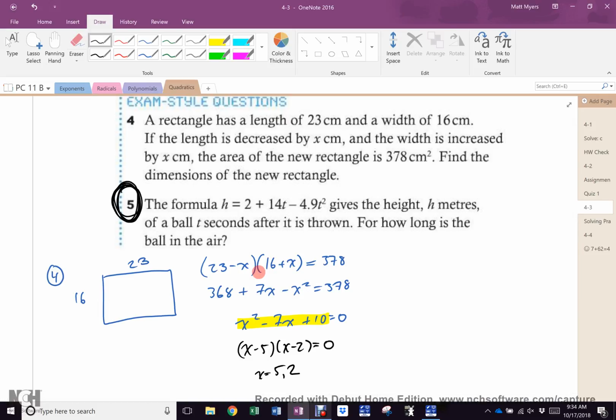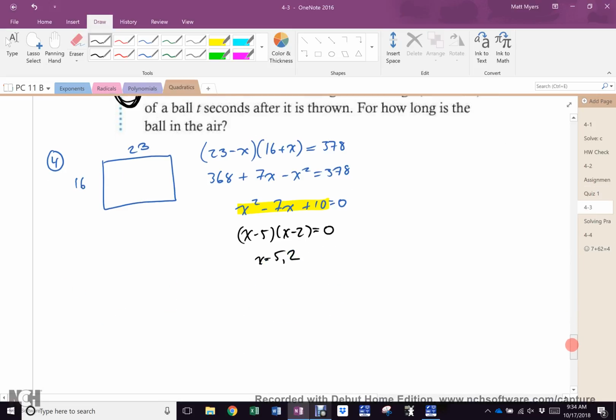It's the same thing, right? So we're good. So if x is 5 and 2, what is the new rectangle? 18 and 21. Everybody good? All right, now, I didn't want you to do 5. Listen to me, please.